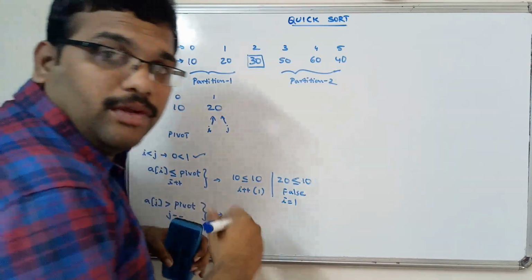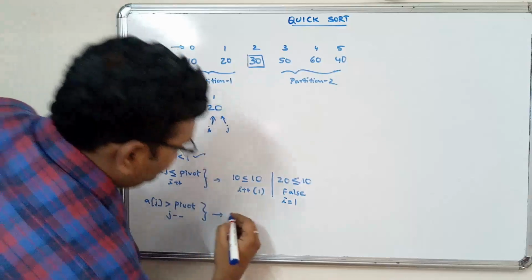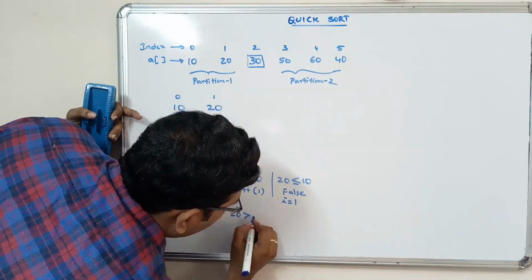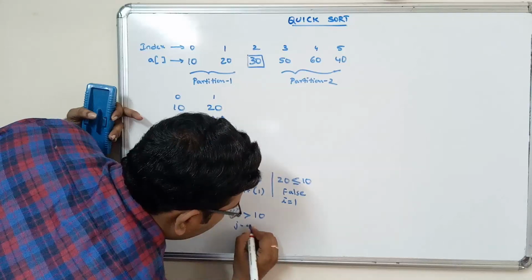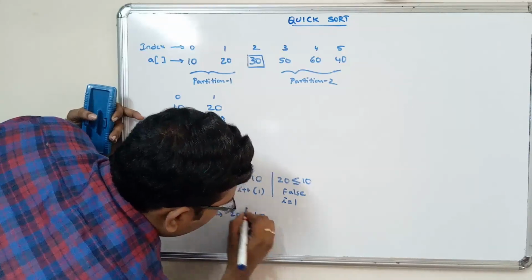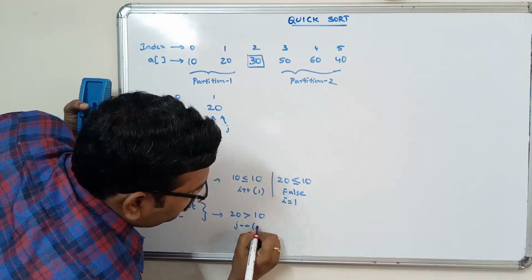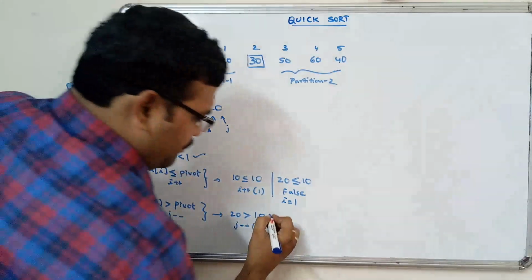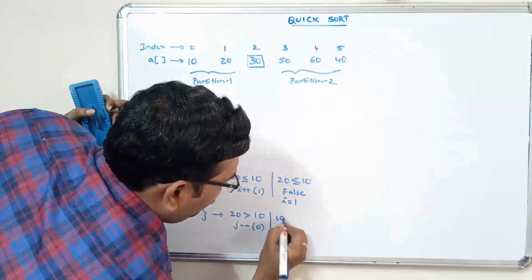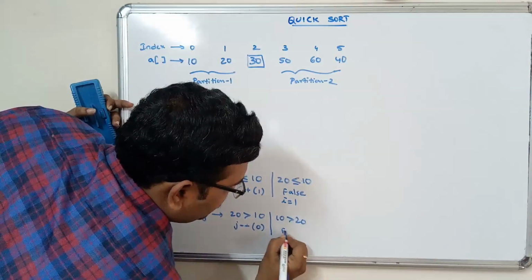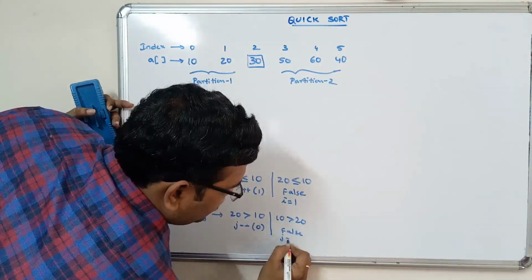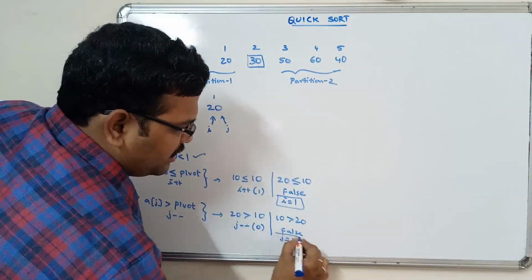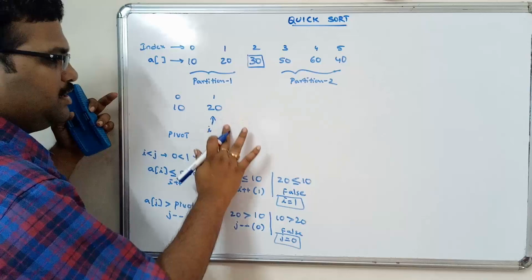So 20 is greater than 10, J minus minus, and the value will be 0 now because initially J is equal to 1, and 10 is greater than 10, which is false. So J is equal to 0. See, at I is equal to 1, the condition fails. At J is equal to 0, condition fails.